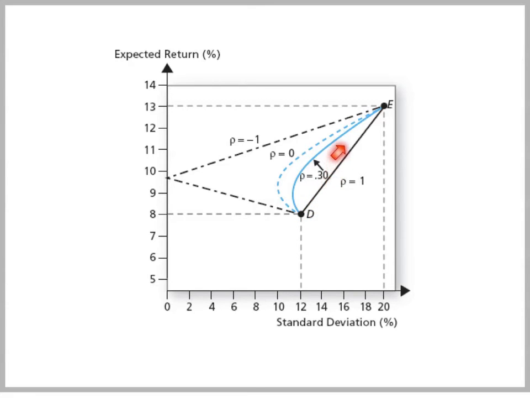So this line represents the weighted averages of standard deviations and expected returns between those two assets, which is exactly why it's a straight line.